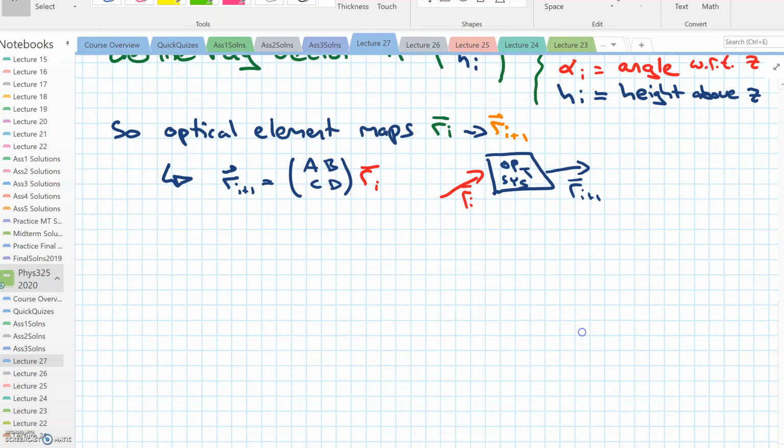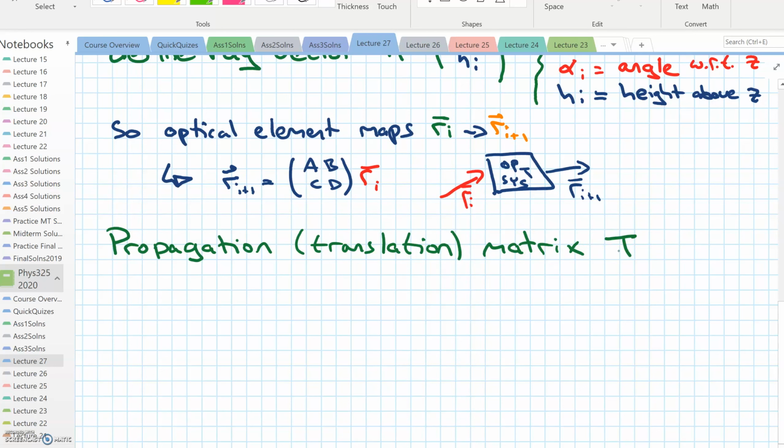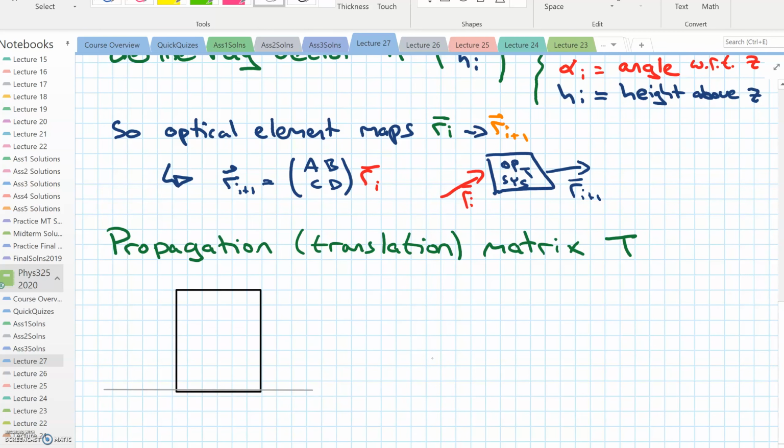Let's start with maybe the easier one, which is propagation. So let's try to derive the propagation matrix. So what is this thing going to do? So let's first draw that out. So we're going to have a ray coming in at some height, and it's going to move to some other height.